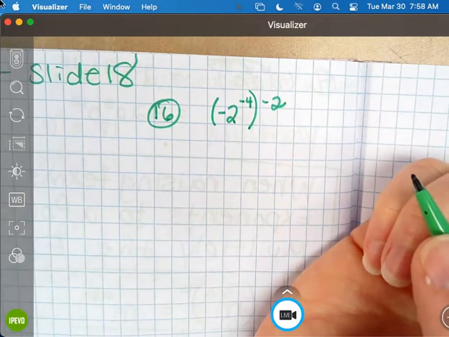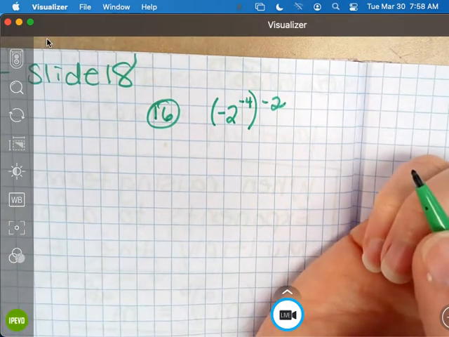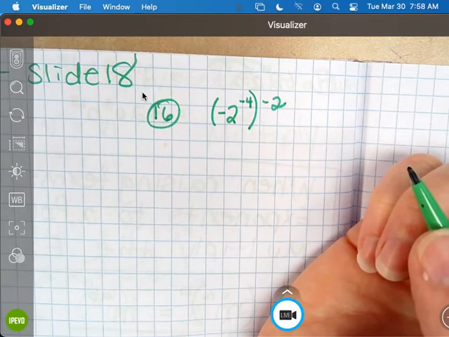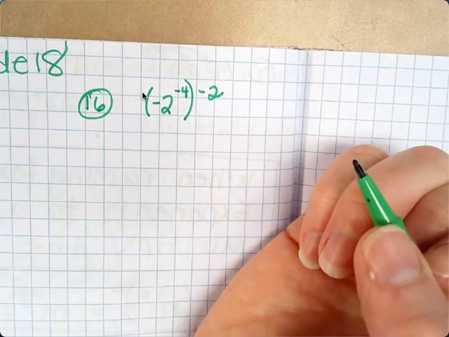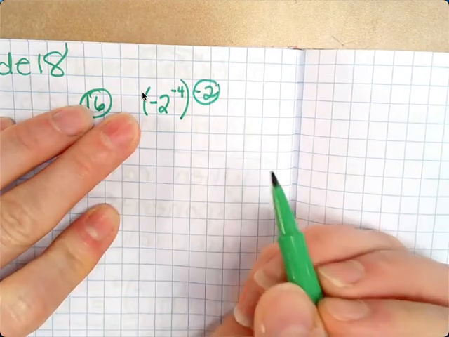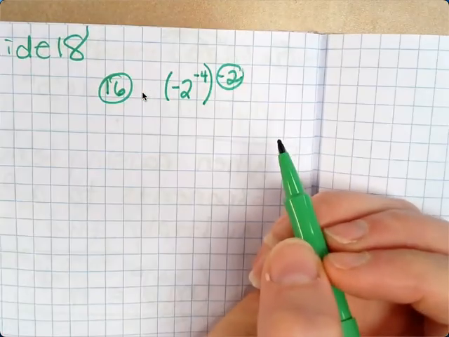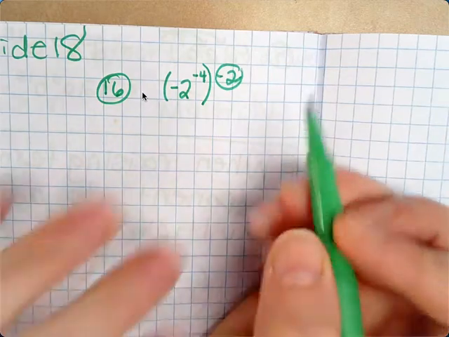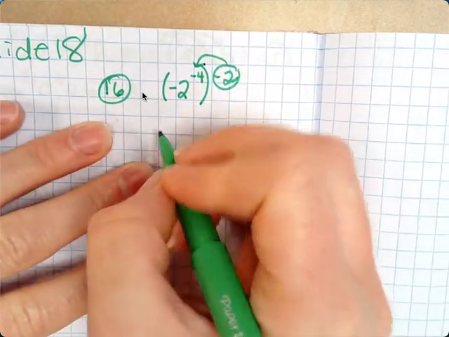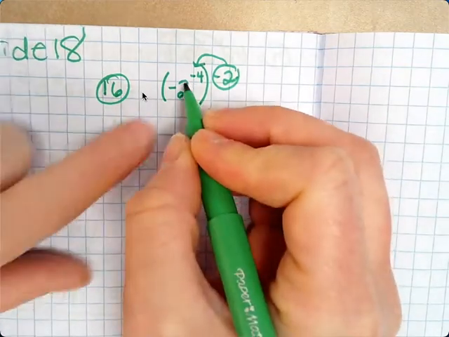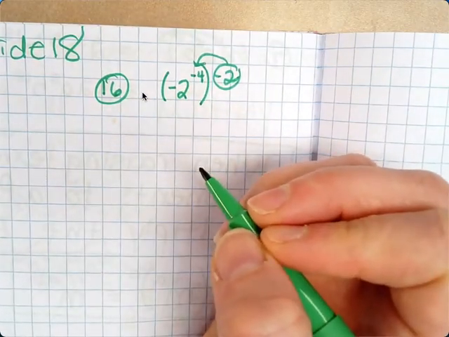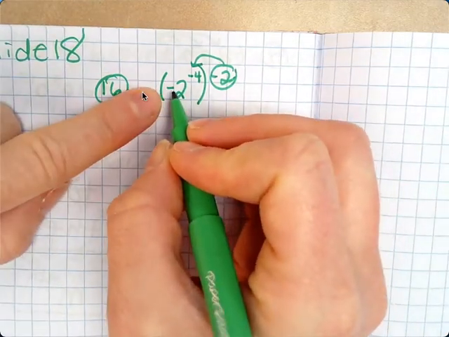All right, so what we need to do, so we're not just writing the answer, we are writing how to simplify this. So let's look and see, what would we do with this exponent? We would multiply it to that exponent, right? Because this is a -2 to the -4, so this negative is out front.